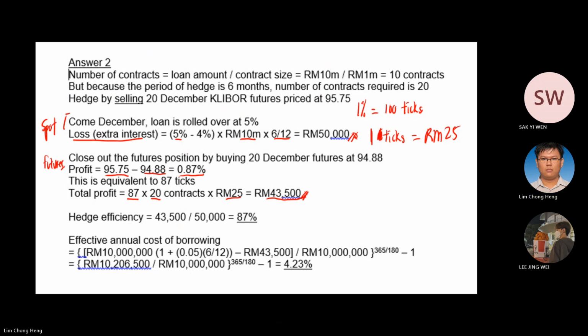And then for a future contract, they will ask you for the hedge efficiency ratio. For the hedge efficiency ratio, you use your future market position divided by your spot market position. Then you get 87%.